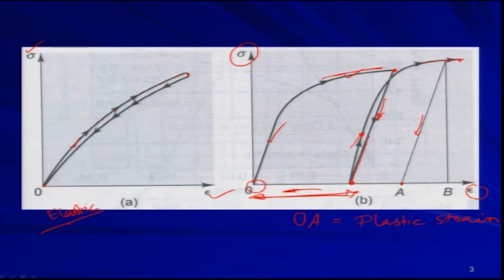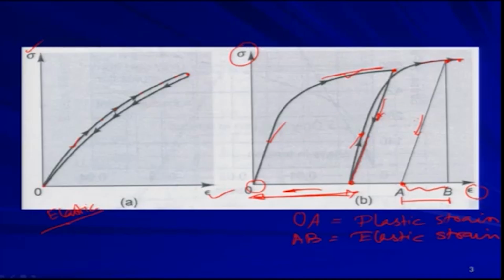But this AB part is your elastic strain, because you reached up to this point, then due to the unloading you came back to this point A. So, this much of deformation you could recover.